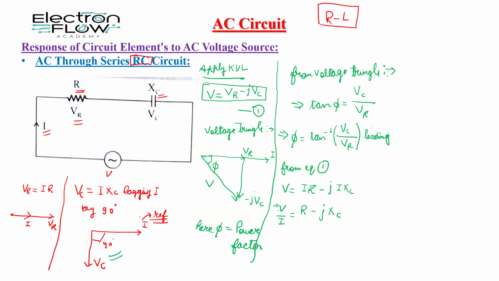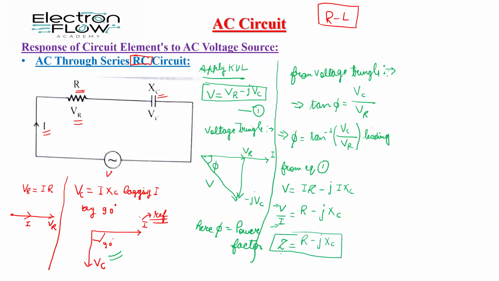The ratio of the applied voltage V to the resulting current I is the impedance of the circuit. It may be regarded as the combined opposition to the flow of the AC current. So the ratio of V to I is nothing but Z, the impedance of the circuit, which is equal to R minus j XC.